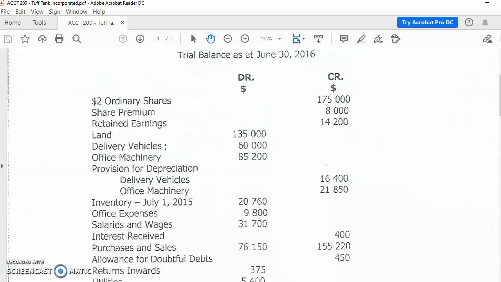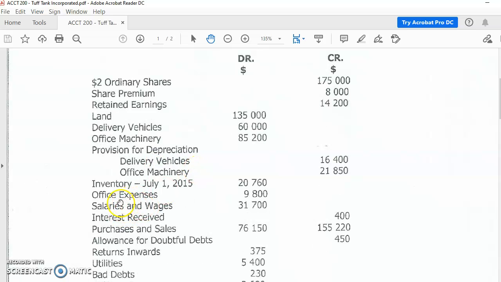So this does not relate to admin. The depreciation on the delivery vehicles does not relate to administration. However, we have office machinery which the staff is using inside of the office. So this office machinery would be related to the administration. So we will have to calculate depreciation on the office machinery.